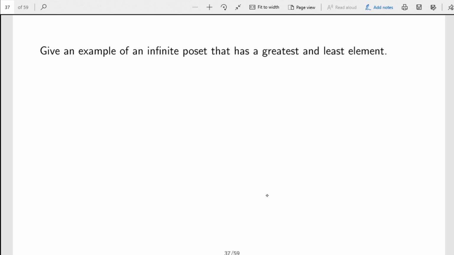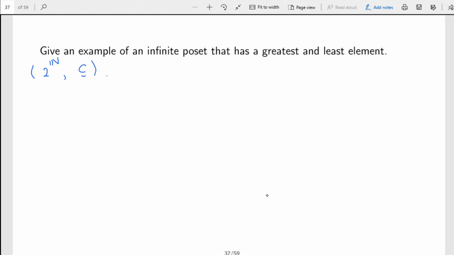The poset is 2 to the power of N, that is the power set of the natural numbers, and the relation is subset.